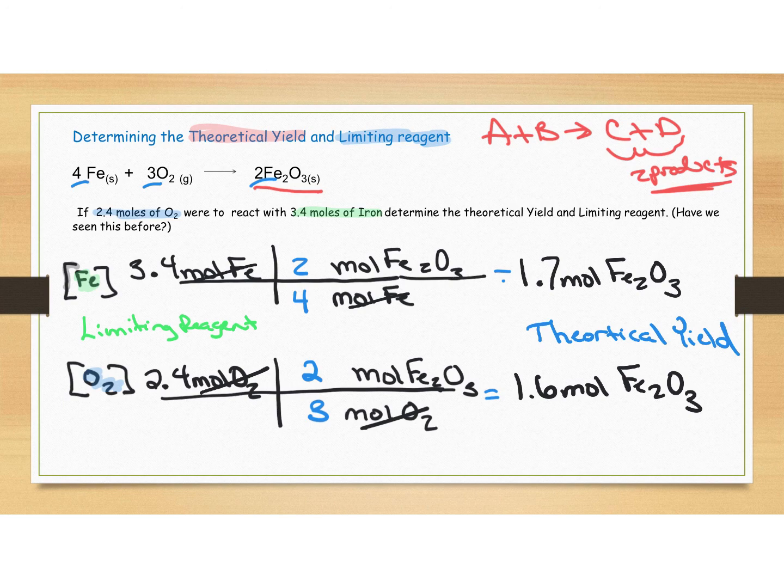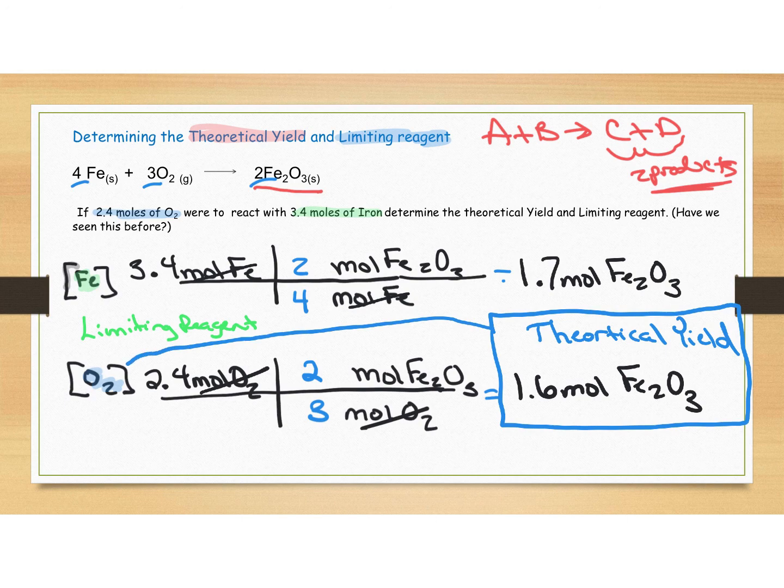So we're always going to pick the smaller number of the two, 1.7 or 1.6. In our case, 1.6 moles of Fe2O3 is the smaller of the two. So that becomes my theoretical yield, determined based upon my limiting reagent.